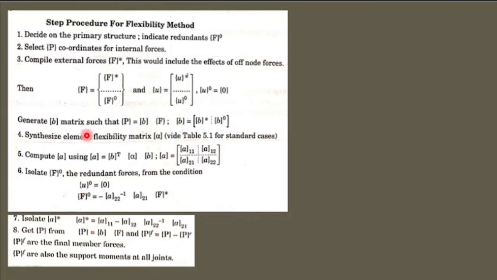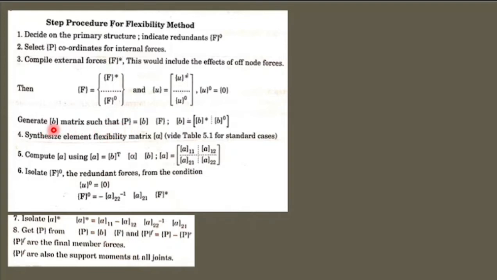See, F consists of F naught and F star. So F naught you have found here, and it should be F naught and F star, and the beta matrix, that is the B matrix, which you will be finding in this step.